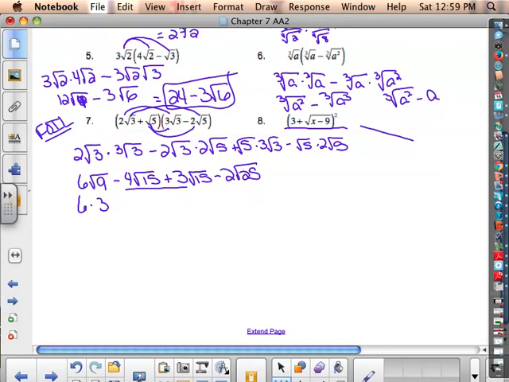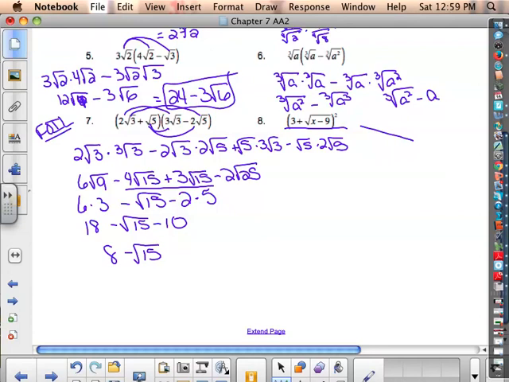We can combine those with the same radicands. That will give us minus the square root of 15, then minus 2 times 5. That gives me 18 minus the square root of 15 minus 10. So I get 8 minus the square root of 15 as my answer for number 7.